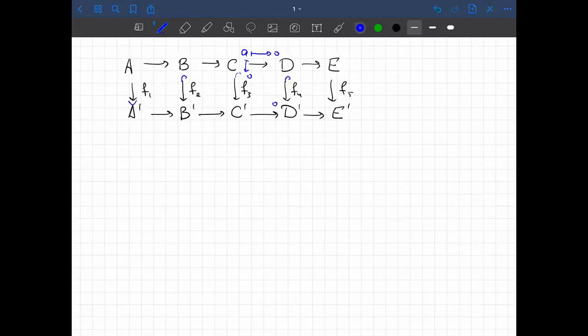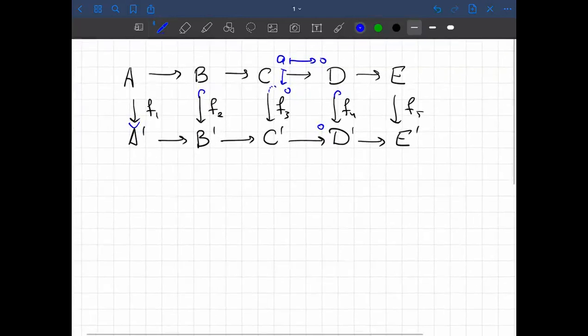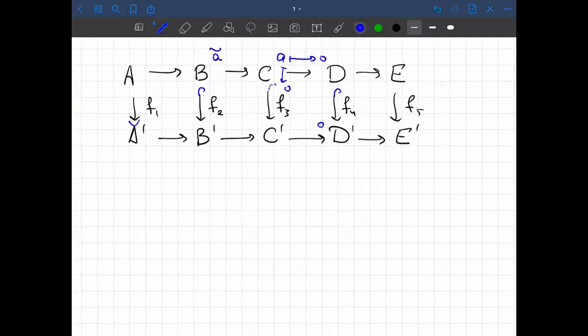Indeed, A maps to 0 in D. So that means that it's the image of something from B. We have A tilde that maps to A.